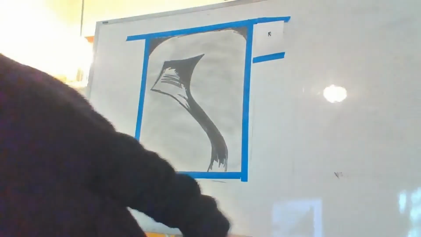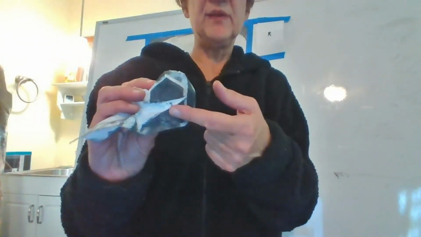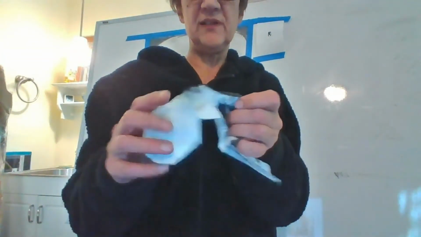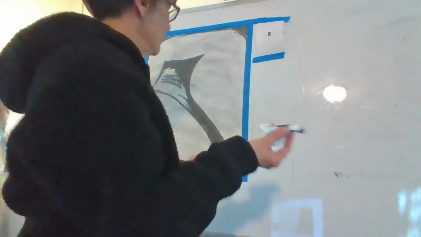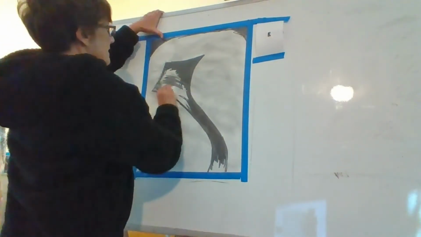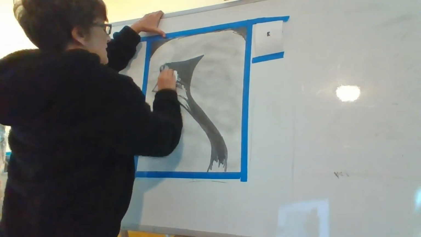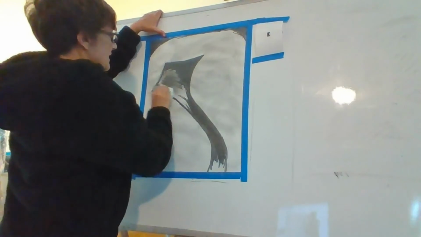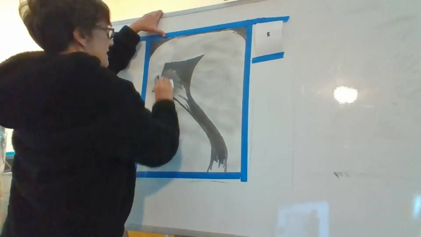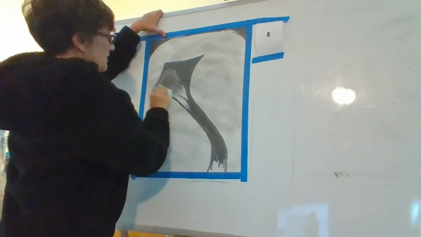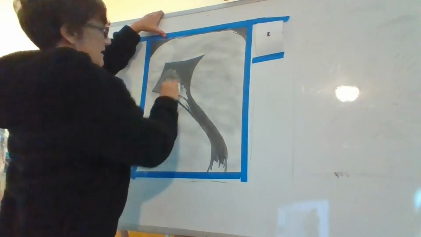Now, when you're doing this, this side of the paper towel isn't going to pick up as much medium as it once was because it's all full of graphite. So I'm going to move that and pick up on the other side, and you have to push pretty hard. And if you're going to add the tone this way, you have to keep doing more and more layers, okay?